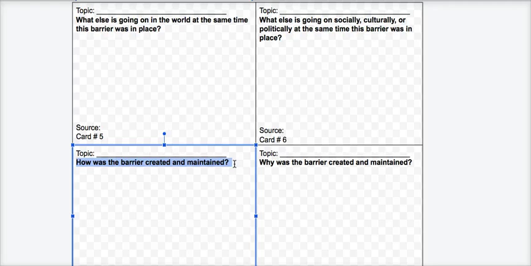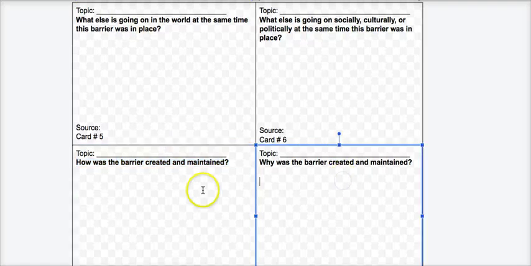Why is it that certain expectations of the NFL made it so that it took so long for someone who was Hispanic to coach an NFL team? So talk about how the barrier was made and why it was kept in place or how it was kept in place.